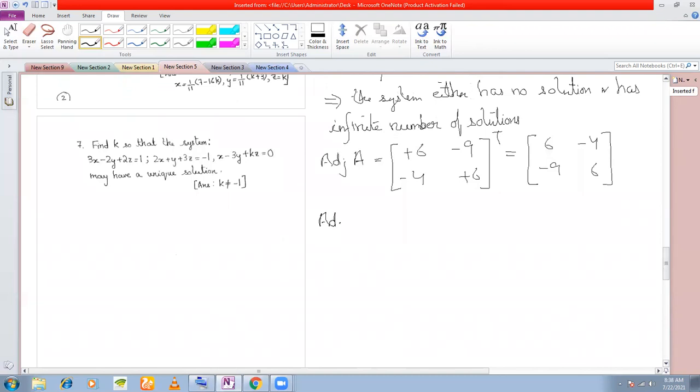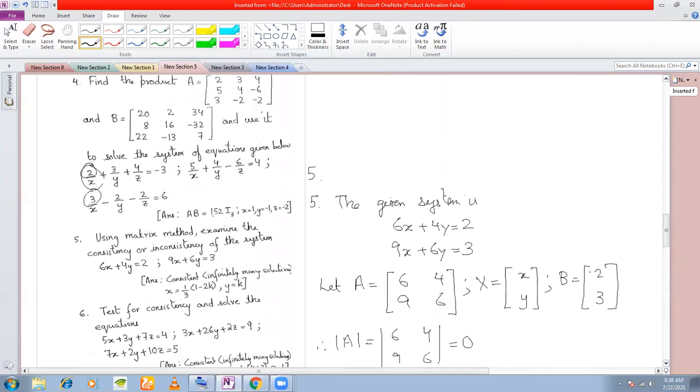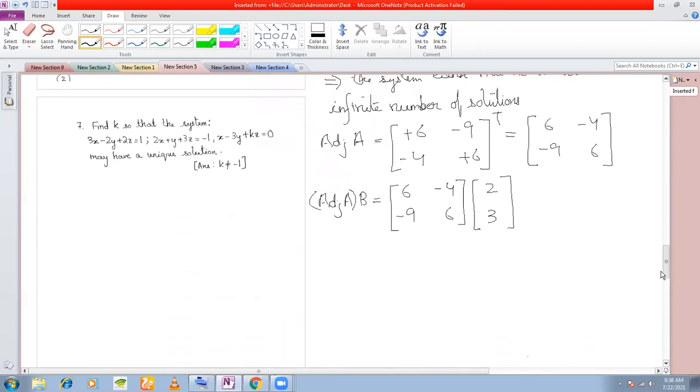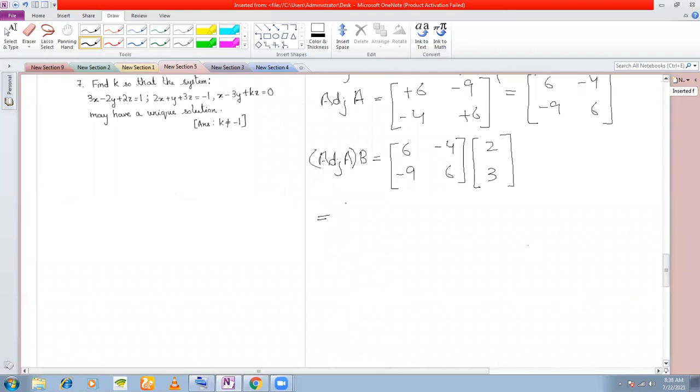Adjoint of A into B: 6 -4, -9 6. The matrix B we have formed here above is 2 3. Multiply these two matrices.